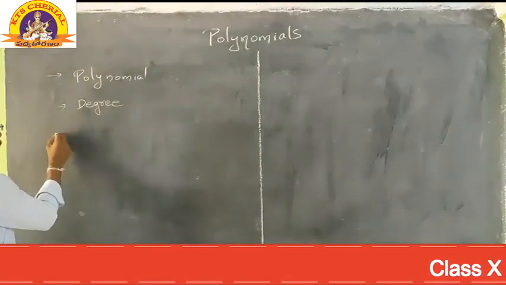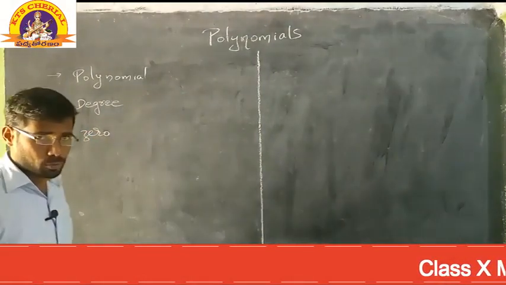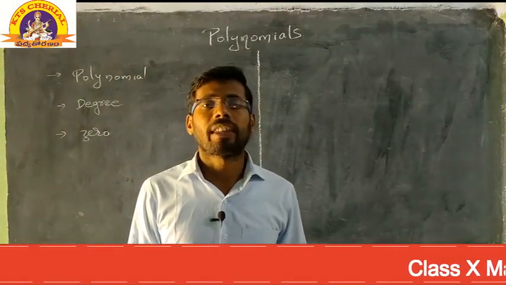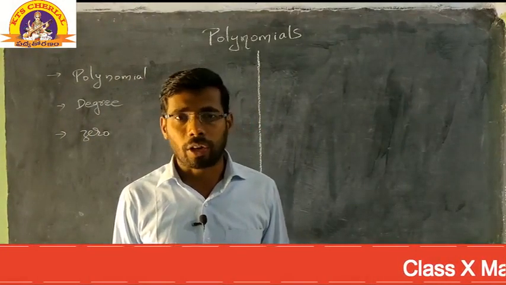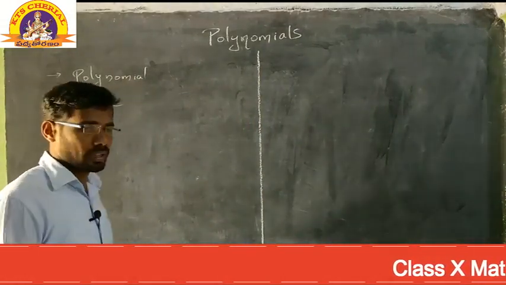And zeros: when you substitute a value and the polynomial becomes 0, that value is called a zero of the polynomial. These three I explained in the previous class.